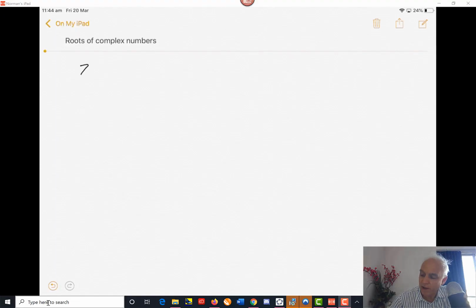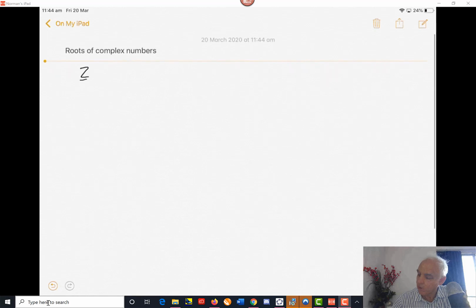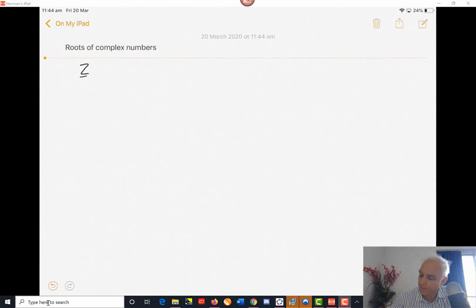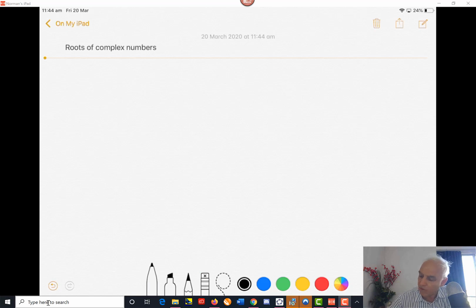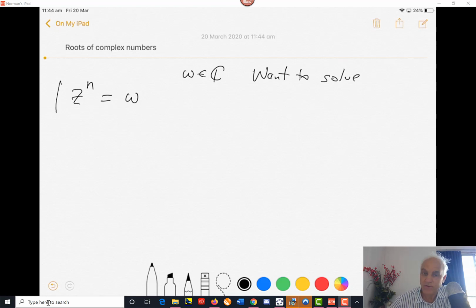What do we mean by that? We mean solving an equation that looks like this: z to the n equals some complex number w. So w is a complex number, and we want to find solutions of this equation, z to the n equals w.